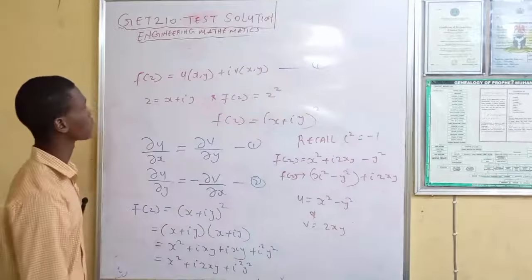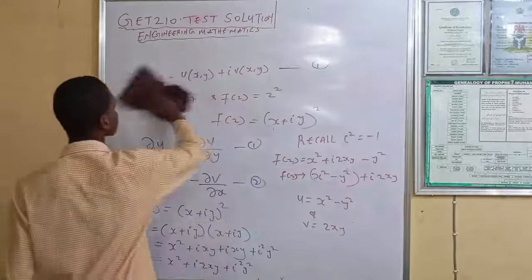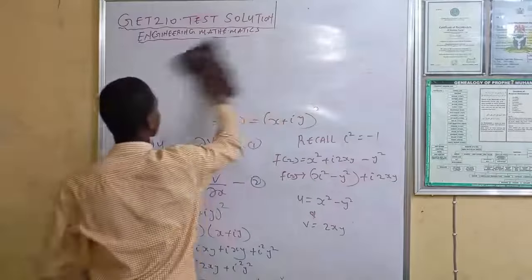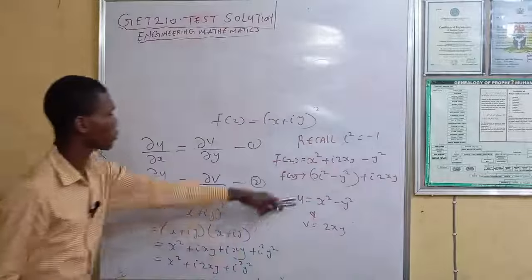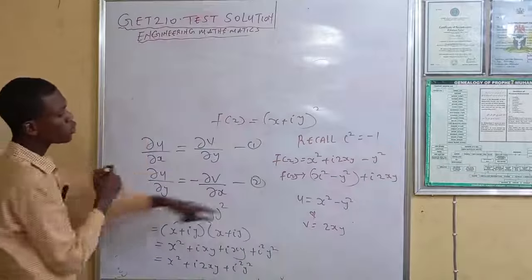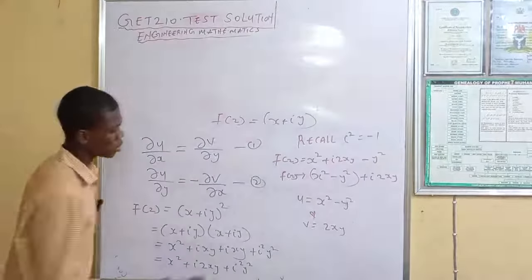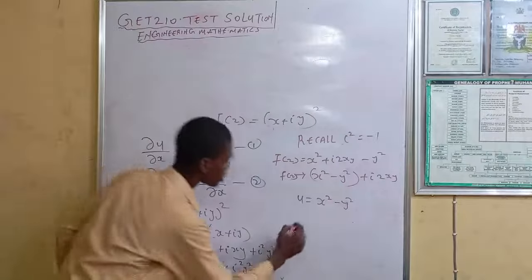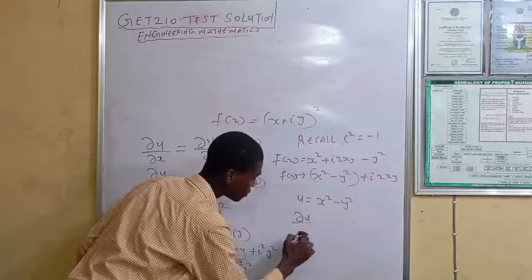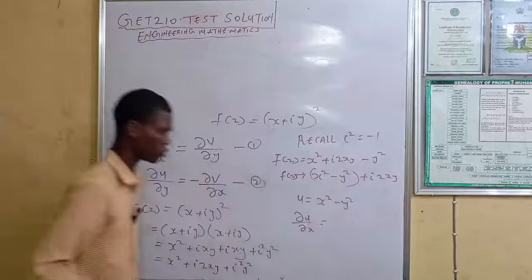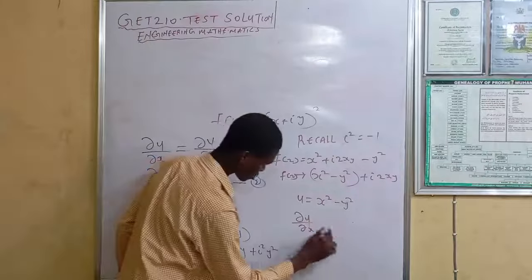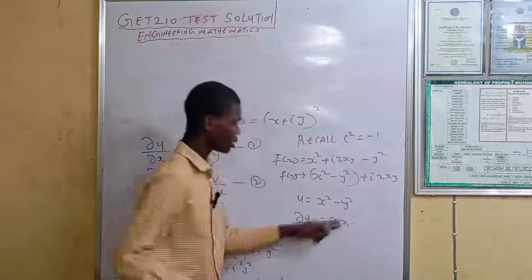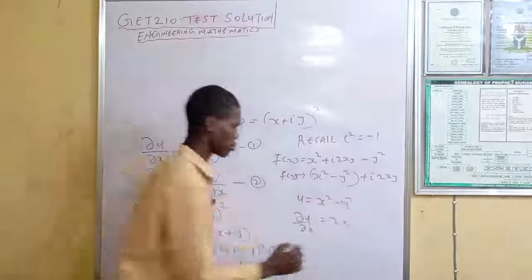For the first one, okay, let's do that here. From u equals this, the derivative of u with respect to x will be equal to 2x. Here, you are taking this as constant.